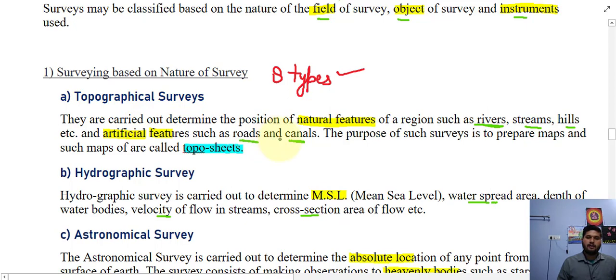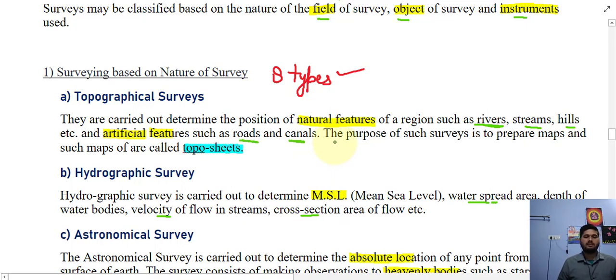Topographical surveys are used to prepare maps. In this map, we show natural features as well as artificial features. Natural features include rivers, streams, hills, ponds, lakes, forests, agricultural land, etc. Among artificial features we show rail, roads, canals, bridges, dams, industrial areas, buildings.